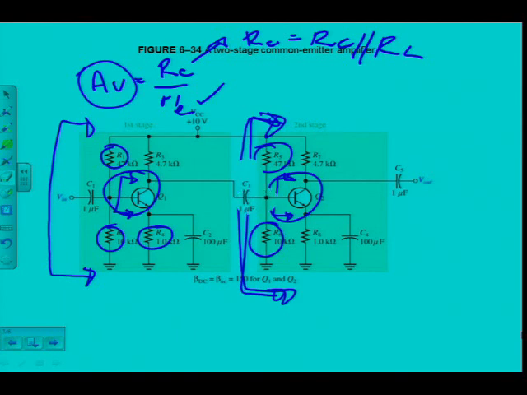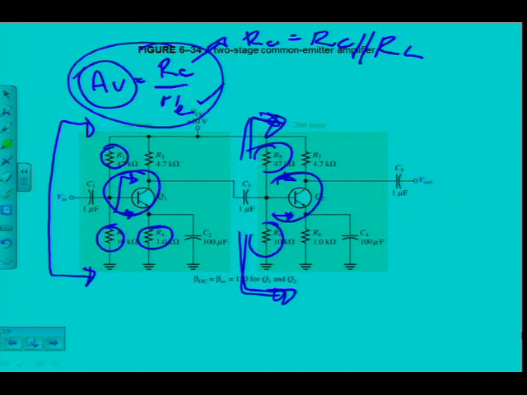Alright, so what am I getting at? Remember, after this capacitor, my load resistor was connected for a single stage. Now for the multi-stage amplifier, I've got another stage, but that stage has input resistance. So when I go back to my voltage gain formula, the formula still remains the same.